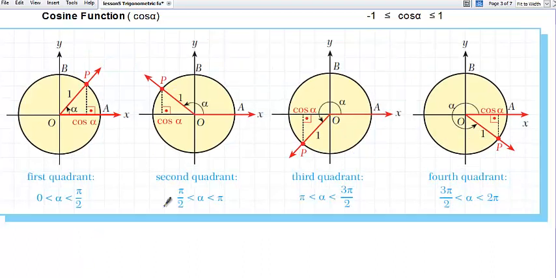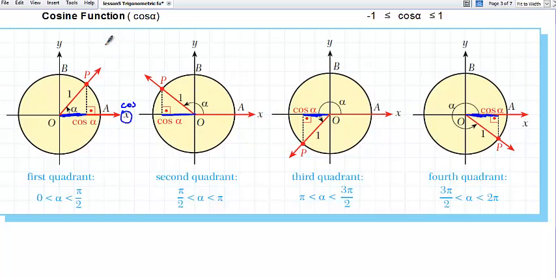Okay, let's continue with the cosine. The cosine axis is the x-axis. So I'm going to check the value here when I take the angle. The value here is positive. The value here is negative. The value here is still negative. And the value here is positive.